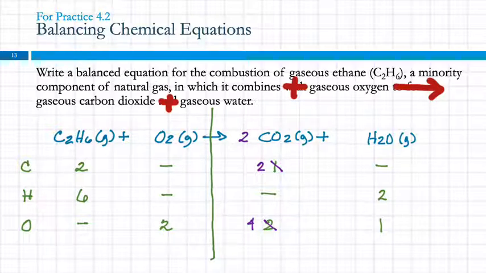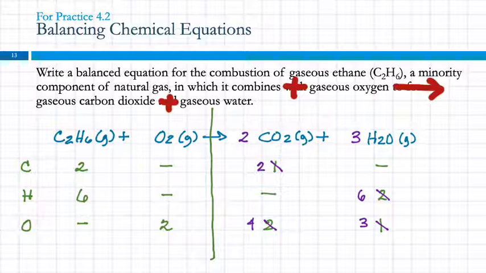Okay, so carbon's okay. Hydrogens, I have 6 on the left and 2 on the right. So how do I make a 2 into a 6? I multiply by 3. So I'll put a 3 in front of H2O, and then that's going to multiply all the numbers underneath, right? Now I've got 6 hydrogens and 3 oxygens.